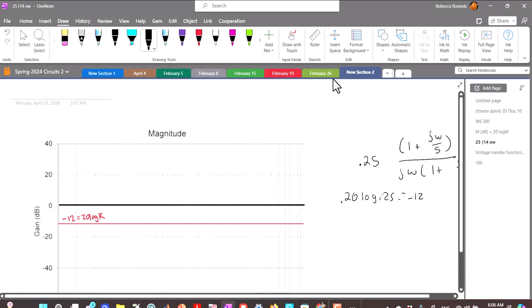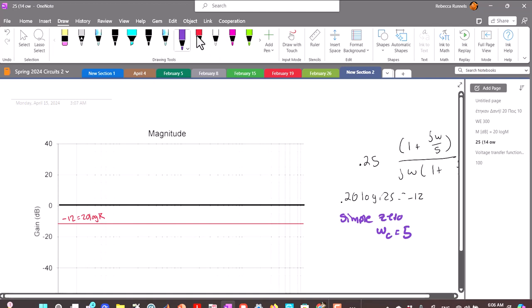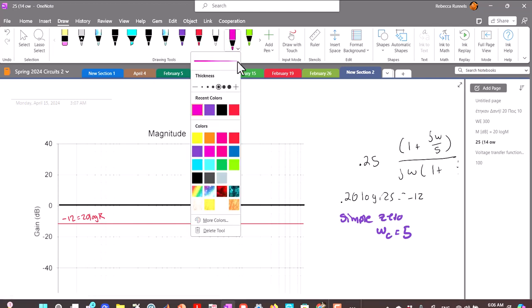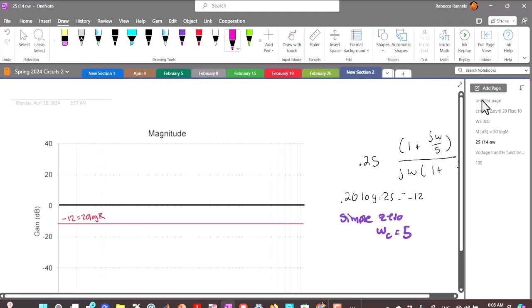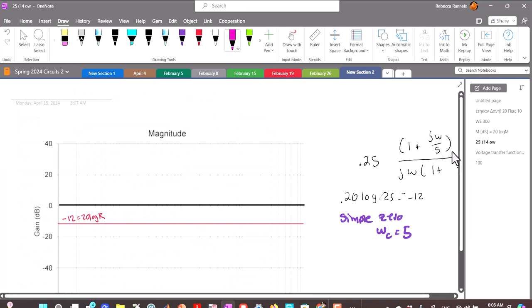Alright, now I have a simple zero with corner frequency equal to 5. So simple zero, it will start at omega c and then have a slope of 20 n decibels per decade. So omega c is 5.